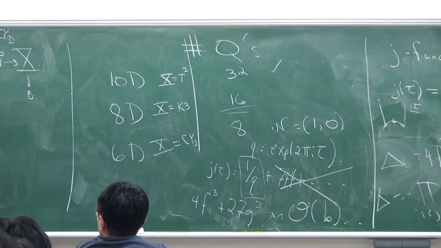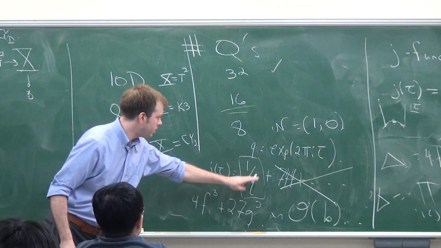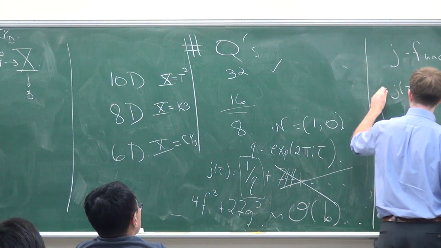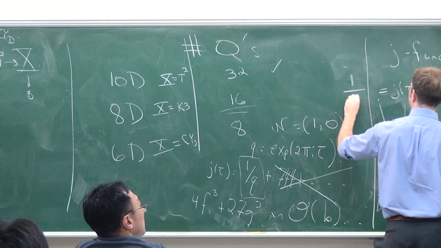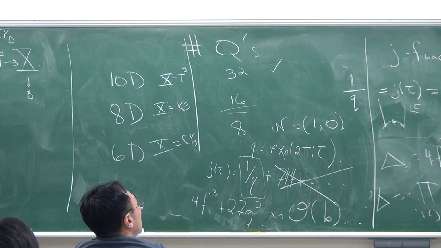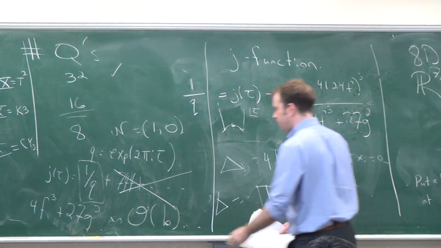Why do I say order b? Well, if I expand this thing out a little bit more, q is equal to e to the 2 pi i tau. So I look at this, and I look at this, and then I can see how I'm trying to equate them. I take a logarithm of both sides, and then I can see that there should be this thing behaving as b.